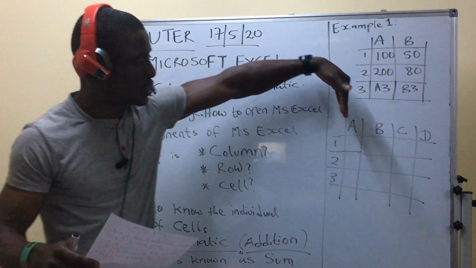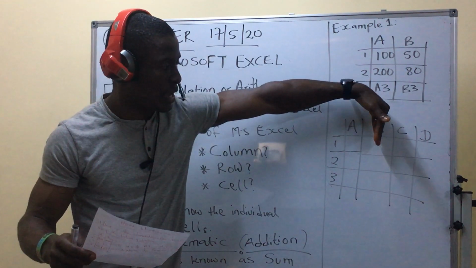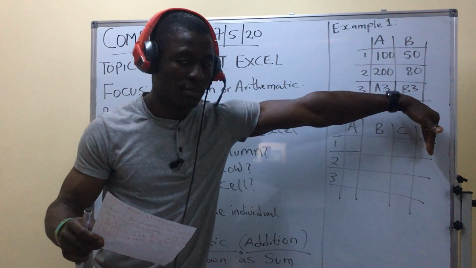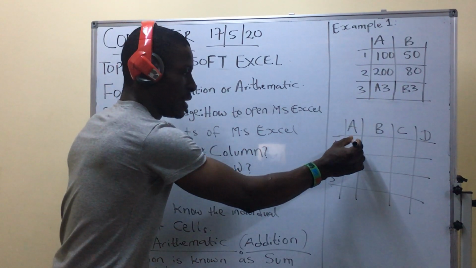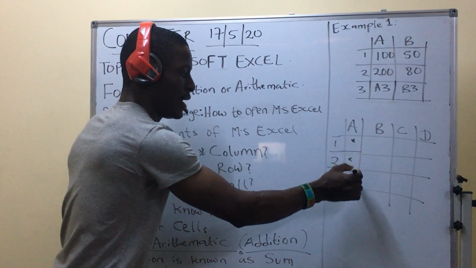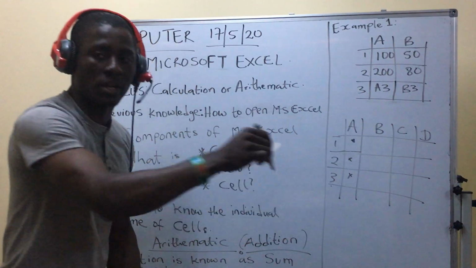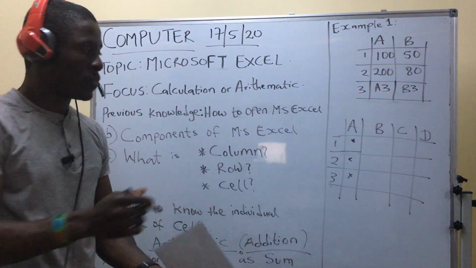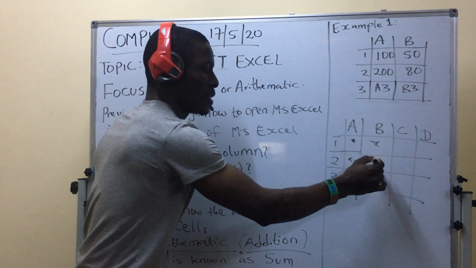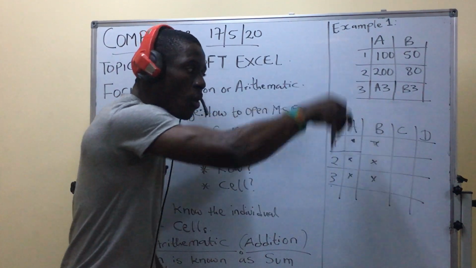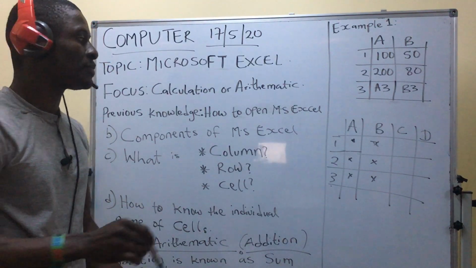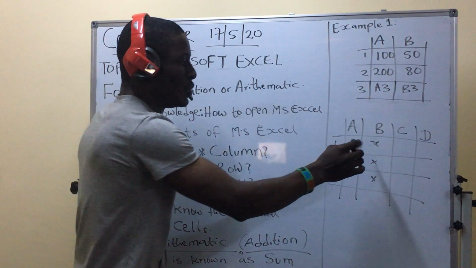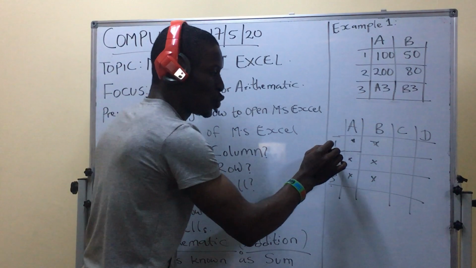So this is column A, column B, column C, column D. So when you are typing here, here, here, you are working on column A. When you are typing here, here, here, you are working on column B. Is that clear?